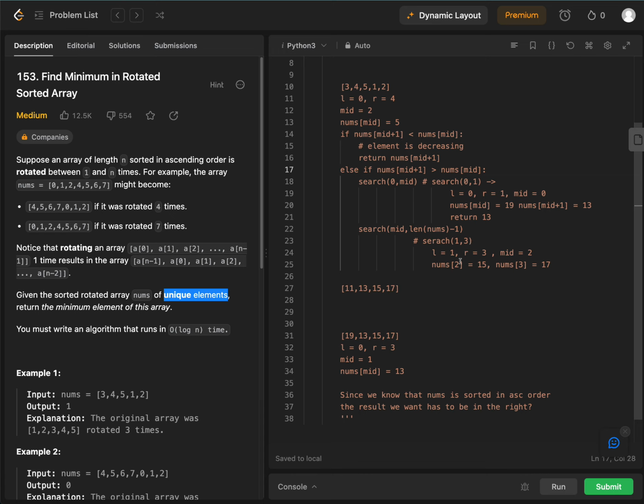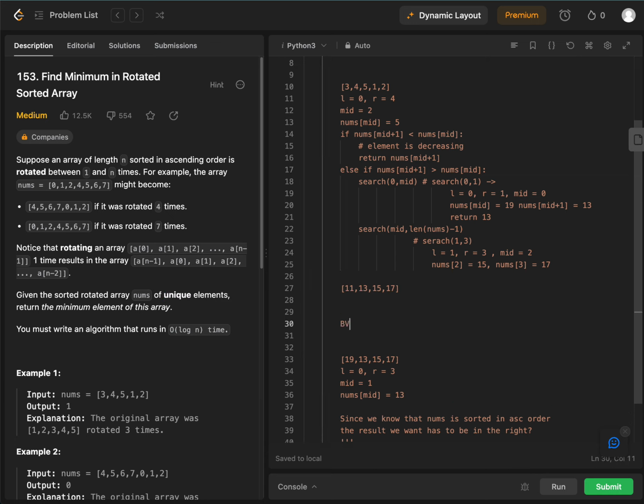What is my base case? My base case has to be this case whereby, what's my base case?